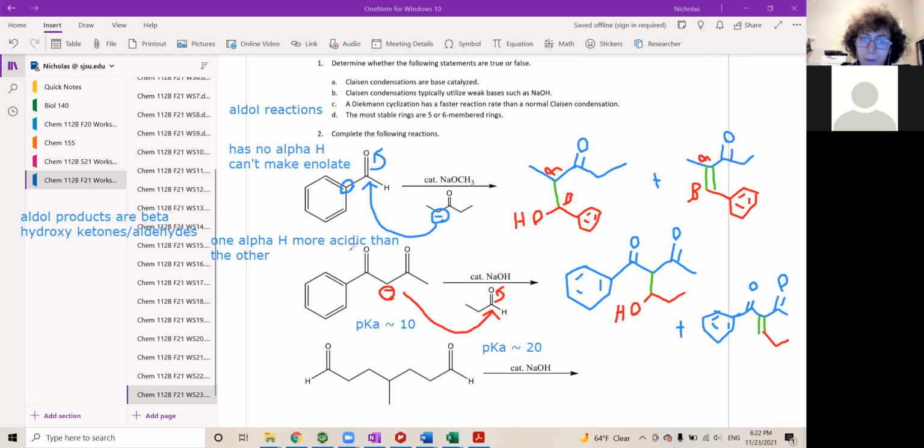So just be aware that these are two ways to make mixed aldol reactions work. If there's no alpha hydrogens on one thing, or if there's a more acidic hydrogen on one thing, then these reactions work. And don't forget about the issues I discussed with mixed aldol on the last worksheet, which I think were also discussed a bit in class.